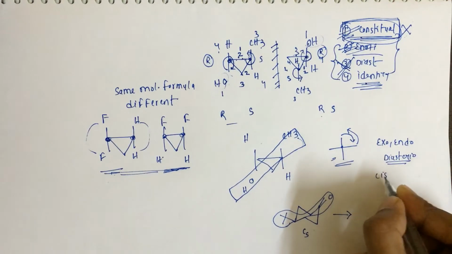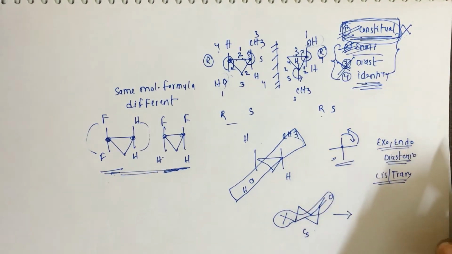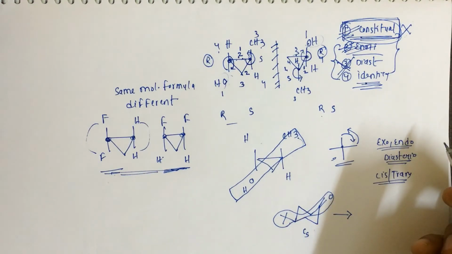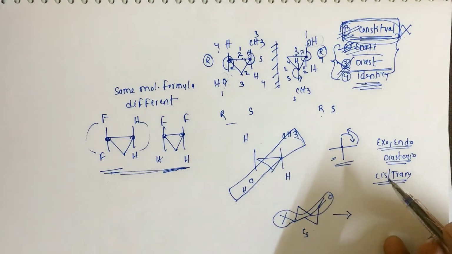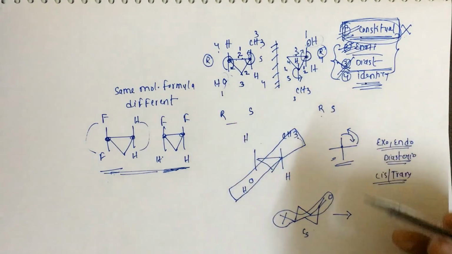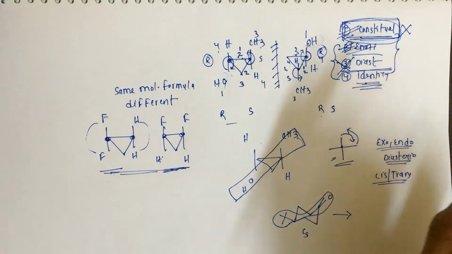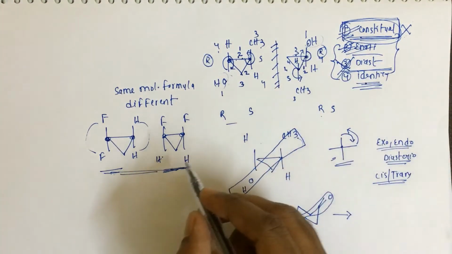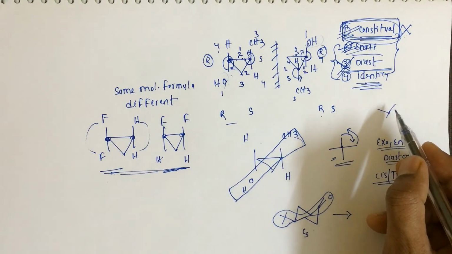Cis and trans also, because cis and trans are diastereomers, exo and endo also diastereomers. So this way you can remember. It's very easy to identify the diastereotopic ligands and faces. I will be explaining examples tomorrow, but just remember, if there is no symmetry, that is diastereotopic, and the one which is adjacent to the chiral center, that is also diastereotopic.